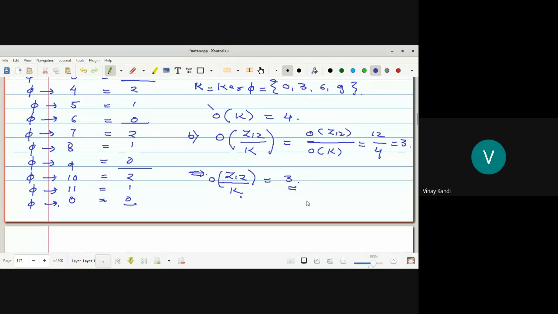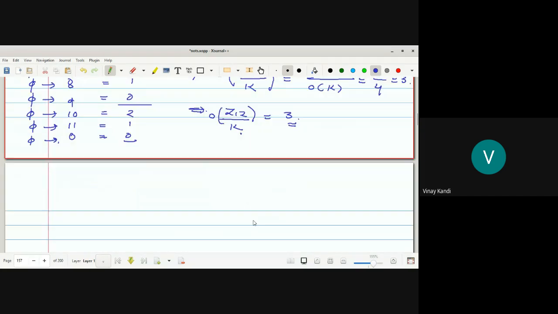How will this set Z12 divided by K look? It looks like a plus K, such that a belongs to Z12. Is it correct?